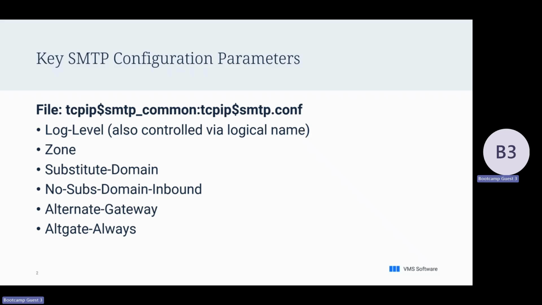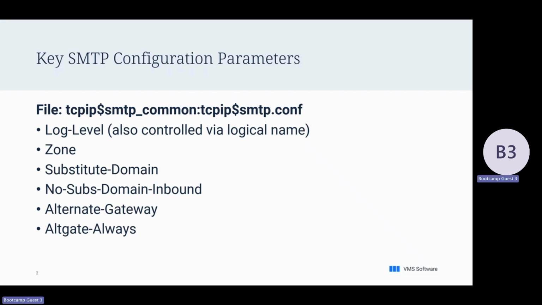So we have a configuration file, and these are the ones we're going to cover today. Here's our configuration file location. Inside that configuration file, you have these options. Previous to 5.7, everything was controlled via logicals.